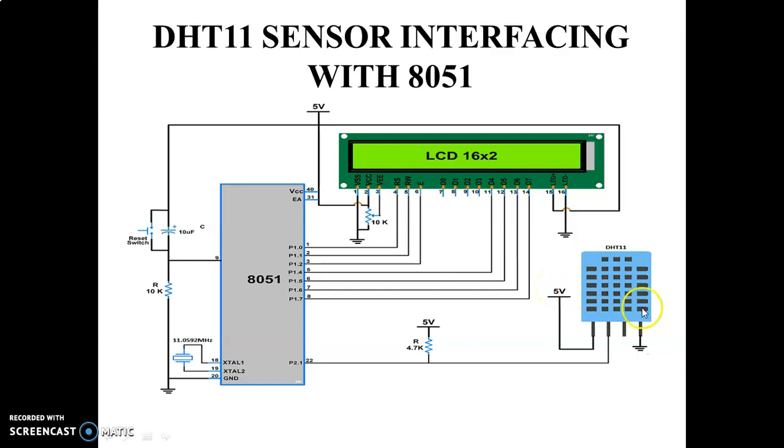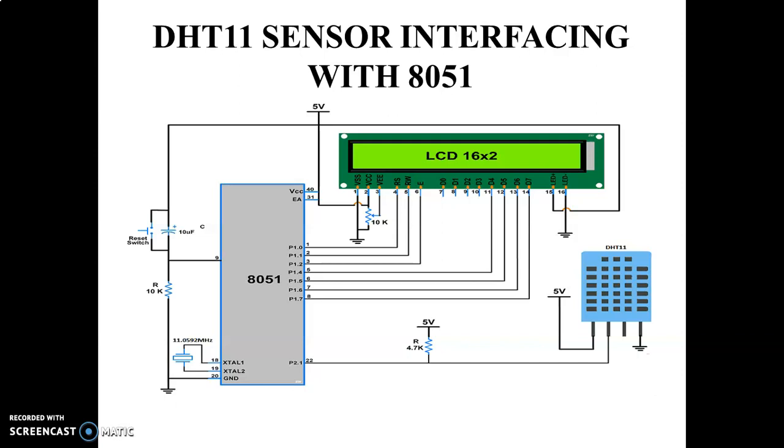As we see in the diagram, it has 4 pins, in which 2 pins are used for the supply and 1 is not being used, and the other one is used for data. This data pin is the only pin used for communication, and the pulses of different T on and T off are decoded as logic 1 or logic 0.